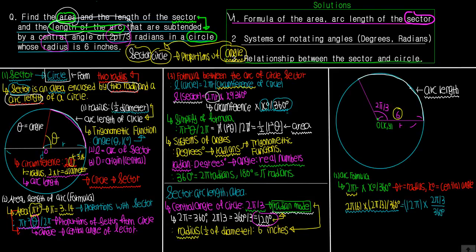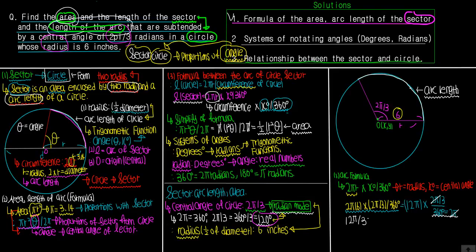Now, our 360 degrees in radian form is 2 pi. The reason we convert to 2 pi is that everything here is in radians, and using degrees would make the calculation complicated. So the 2 pi and 2 pi cancel out, and we get 12 pi divided by 3.